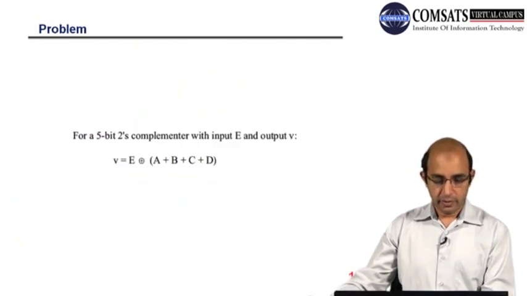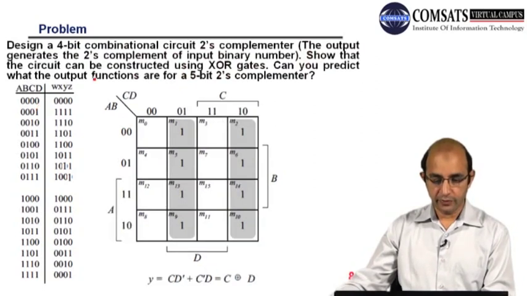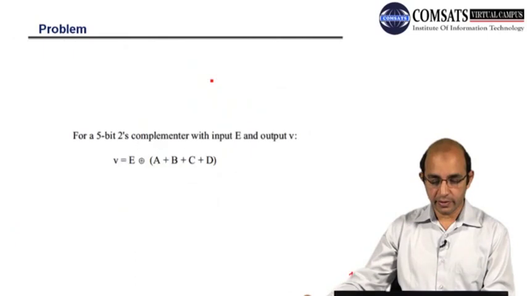So another question was how we can have a 5-bit 2's complementer, right. So here is the Boolean expression, we can verify it.